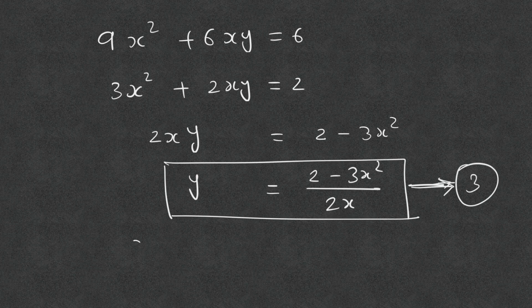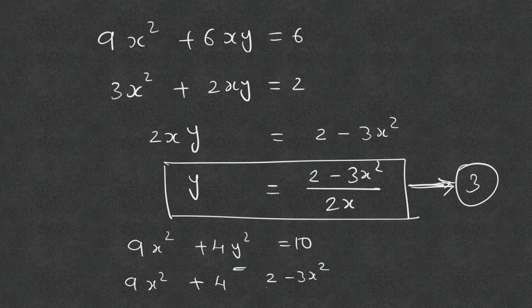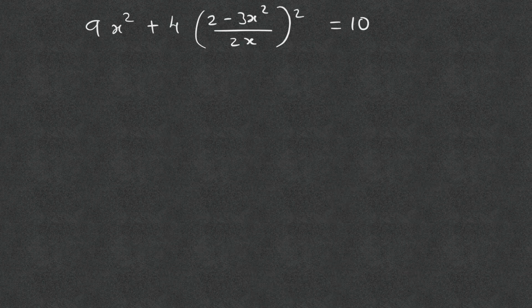Equation 2 is 9x squared plus 4y squared equals 10. And so we want to use y here. So you have 9x squared plus 4 times (2 minus 3x squared over 2x) squared equals 10. We'll try to simplify this equation as much as possible.